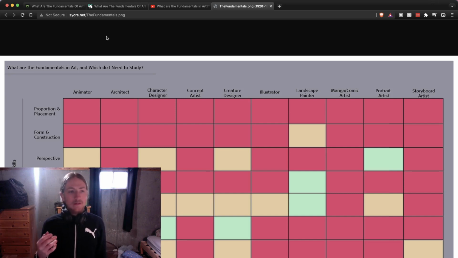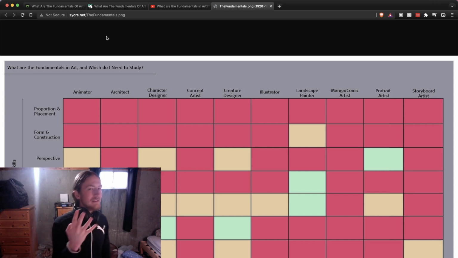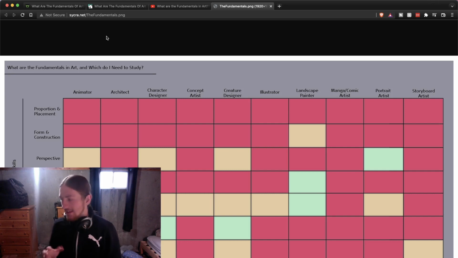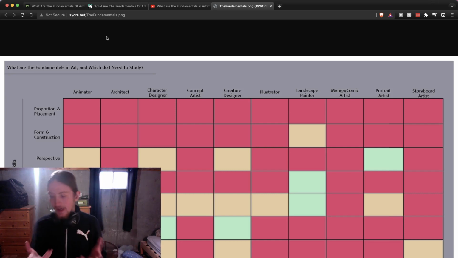From my understanding, I think there are four fundamentals that can be boiled down from everything that I've seen so far, and those four fundamentals are form, perspective, composition, and value. Everything else, like anatomy, for example, is a subset of form, because form is understanding an object, like this tape measure here.